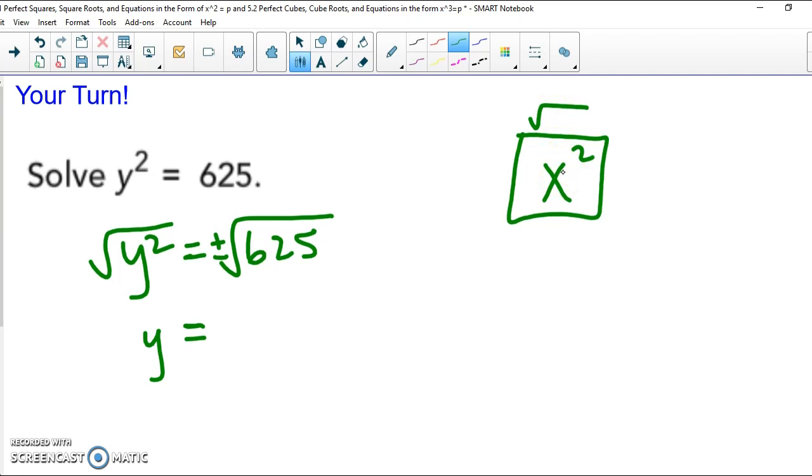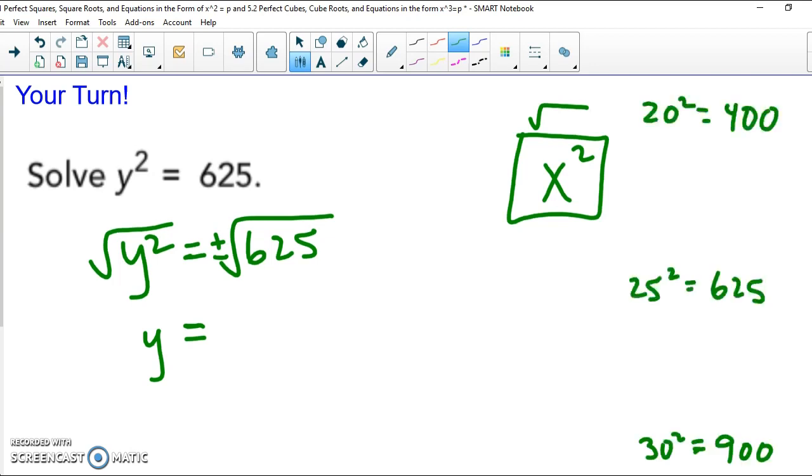However, if we don't have a calculator handy, you can make your list of perfect squares and use that as well. So one thing that I did was just quickly think in my head about some common squares. So I know that if I square 20, 20 times 20 is 400, or if I square 30, that 30 times 30 is 900, but I'm looking for 625, which is going to be somewhere in the middle here.